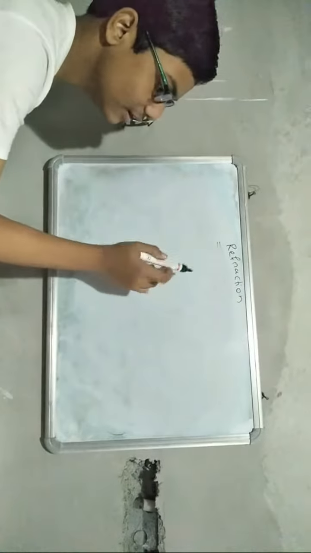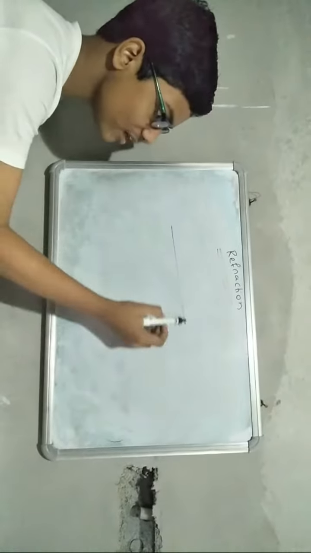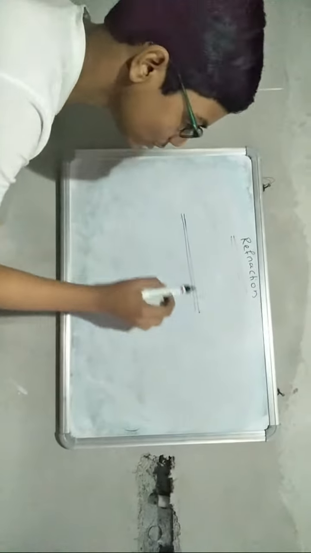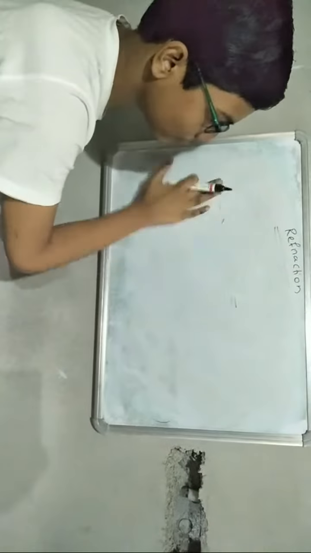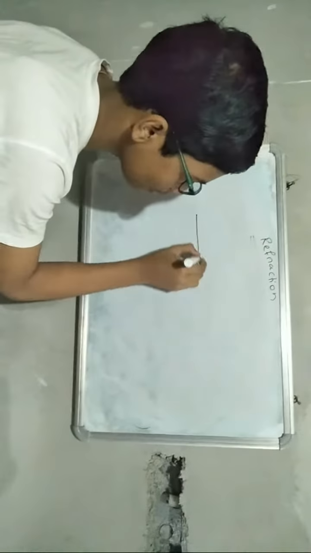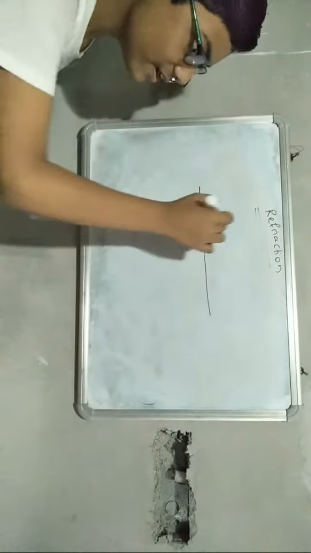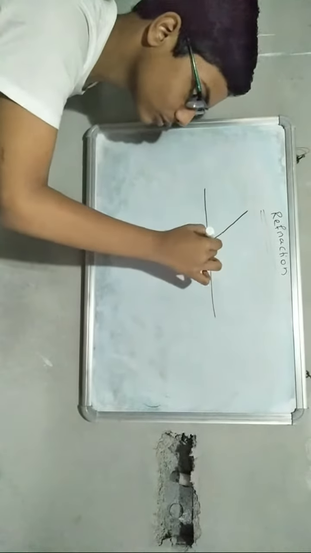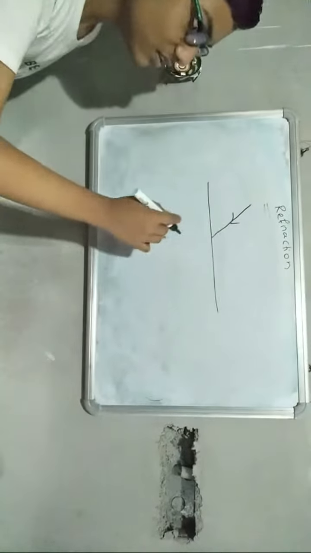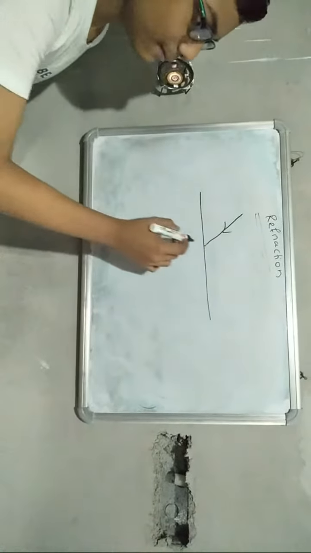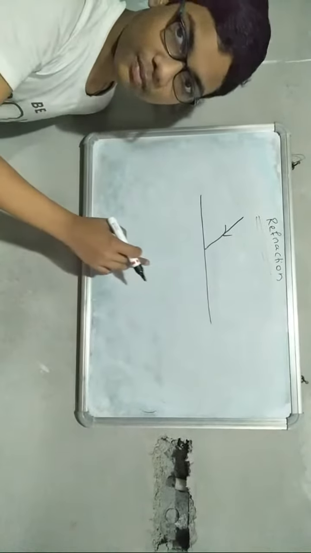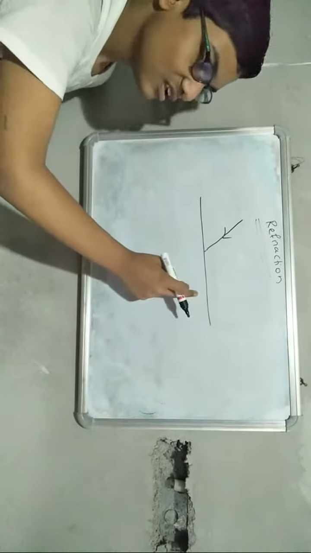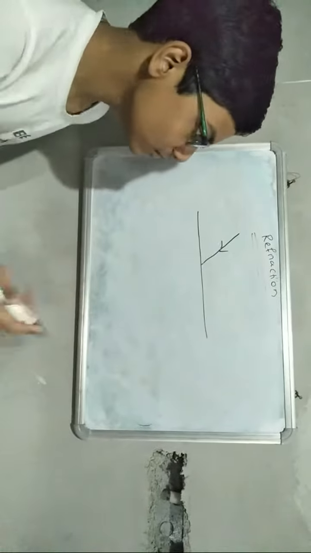Now, if I draw a glass sheet, and an incident ray falls on this glass, it doesn't reflect, because it is a transparent object. Glass is transparent, this is not a mirror. It passes the light.